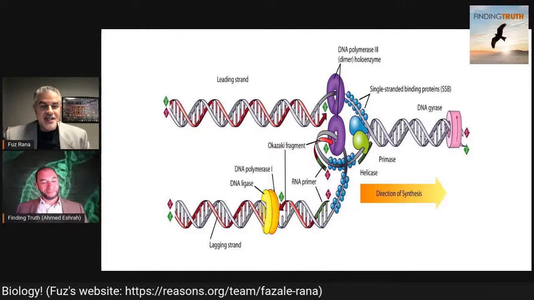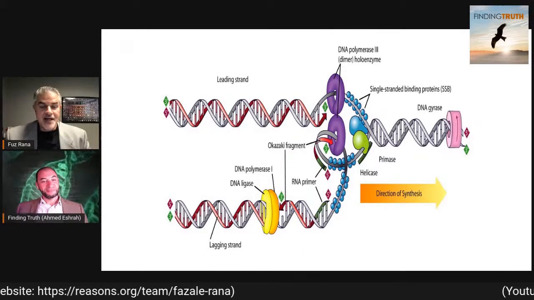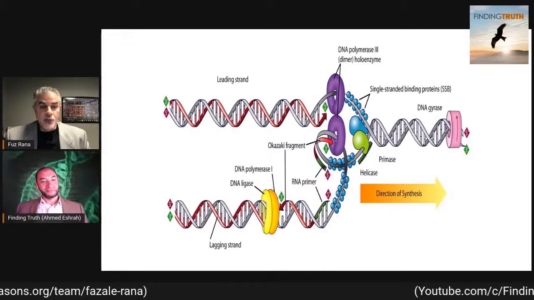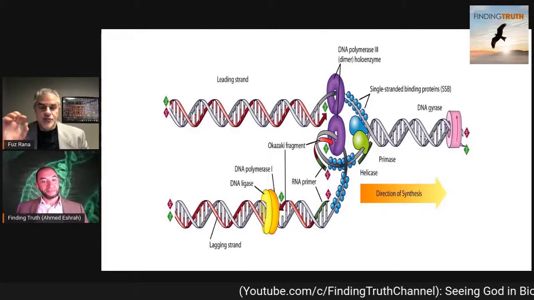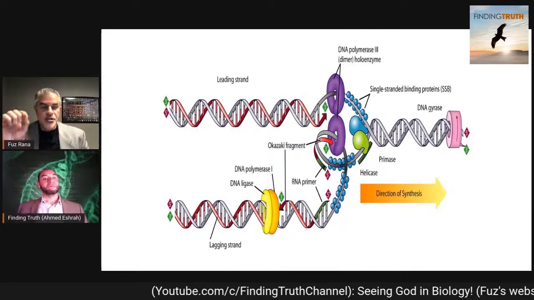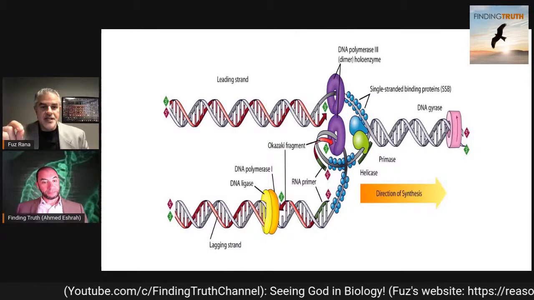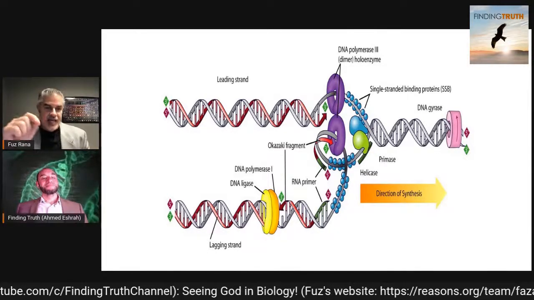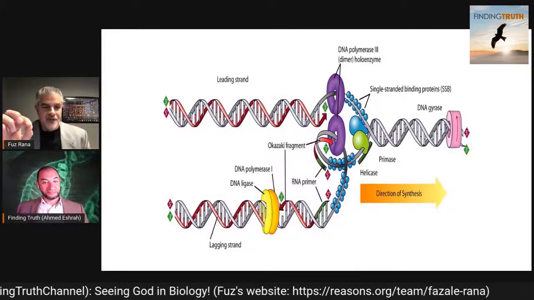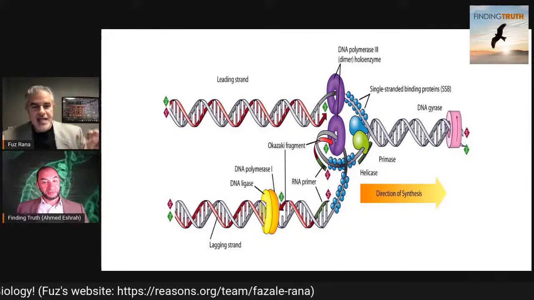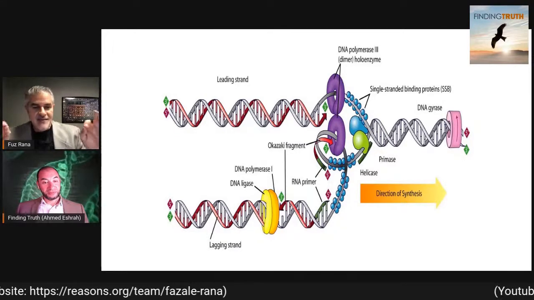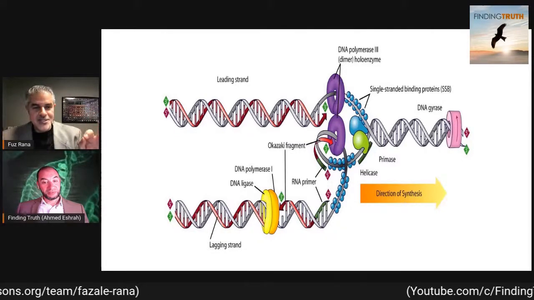Now, if you remember the first episode we did, when we talked about DNA wires, the DNA wire phenomenon is actually part of the way in which the replication machinery knows when to begin laying down DNA and stop laying down the RNA. Both the primase and the DNA polymerase have these iron sulfur centers.